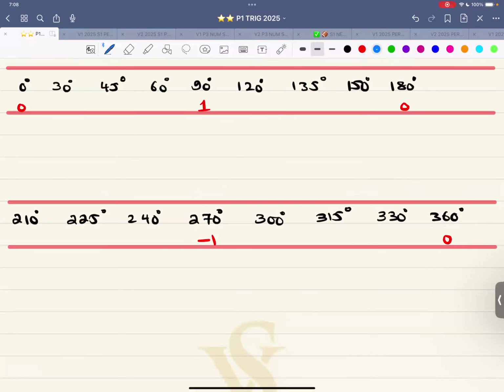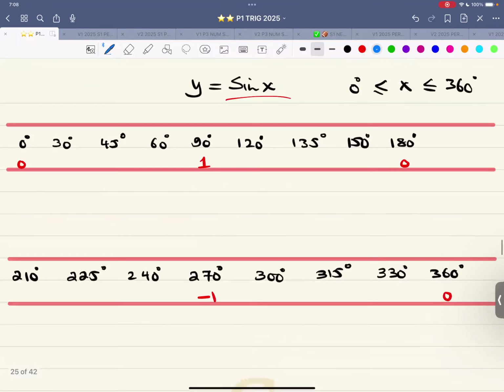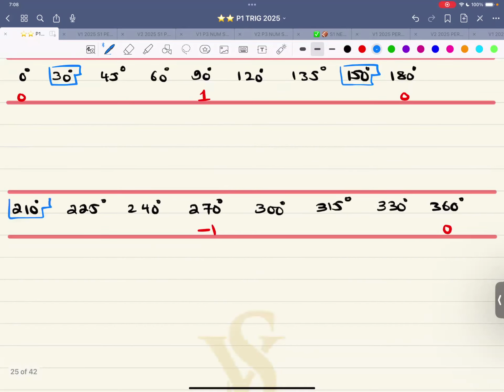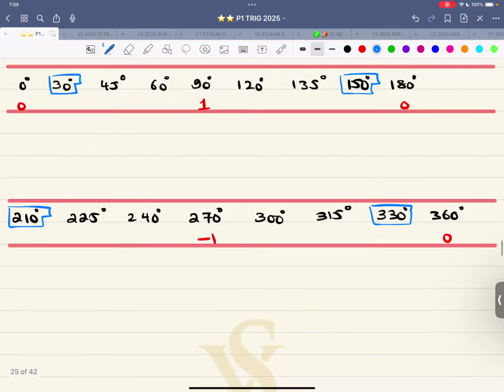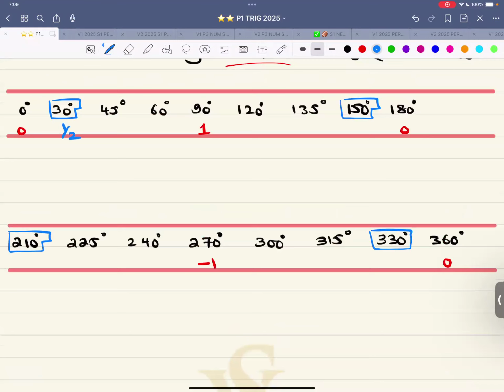Now let me focus on all those related to 30 degrees. So 30 is associated with 150, 210, and 330 degrees. The value of sine is half. We talked about the relatives last time, but this is positive, this is positive, this is negative, this is negative, related to the quadrants.